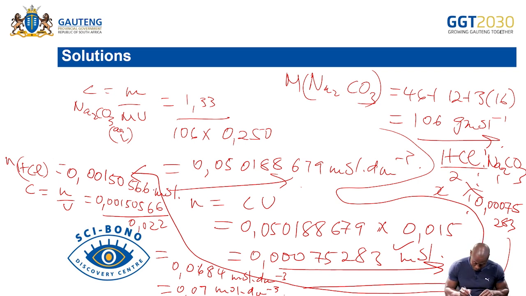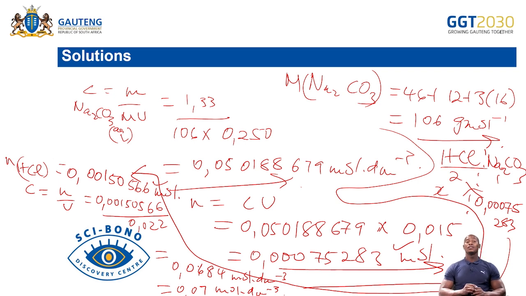After getting the number of moles of hydrochloric acid, we calculated the concentration of hydrochloric acid: number of moles divided by the volume that was used to neutralize 15 cubic centimeters of sodium carbonate. Then we got 0.07 mole per cubic decimeter.